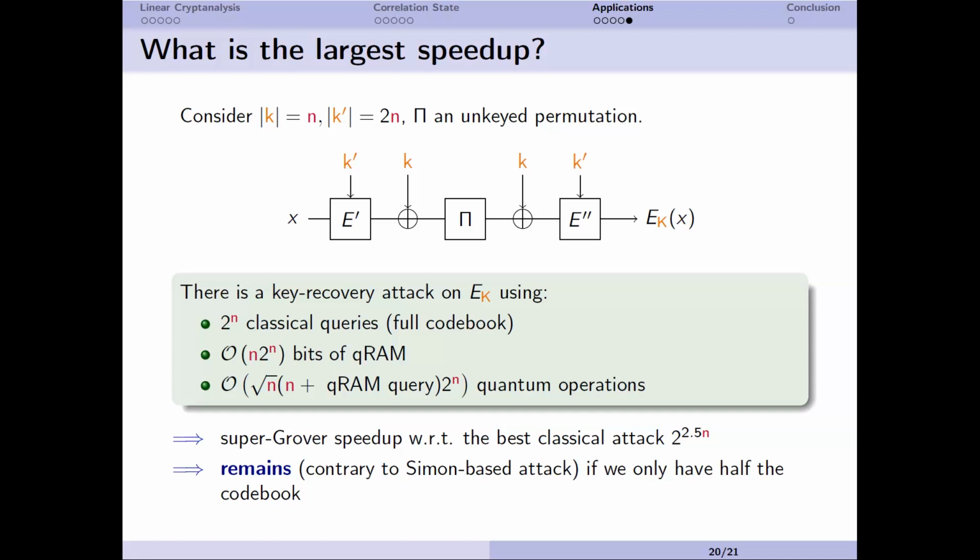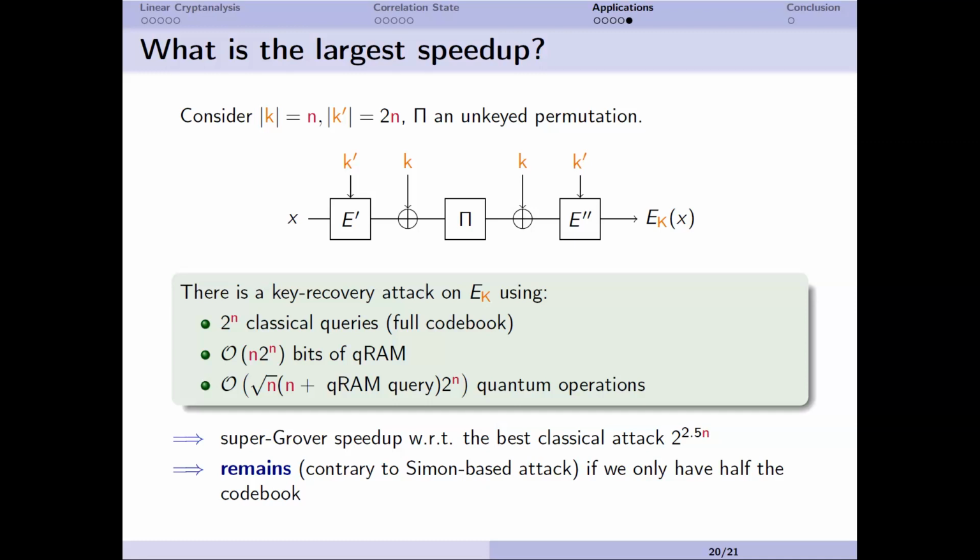Now, classically, to attack this, you basically need to get K prime, and then you attack the rest, so it takes you time 2 to the 2.5n. In a quantum setting, you can use the algorithm I just presented, and you will find an attack which is going to use time 2 to the n times some polynomial factor.